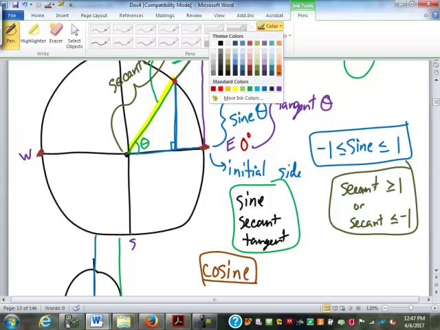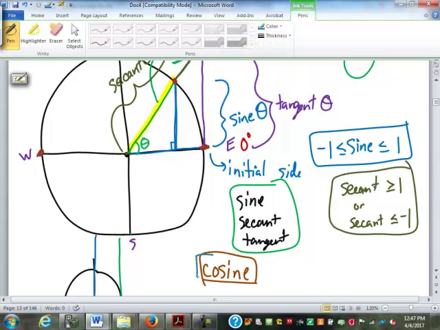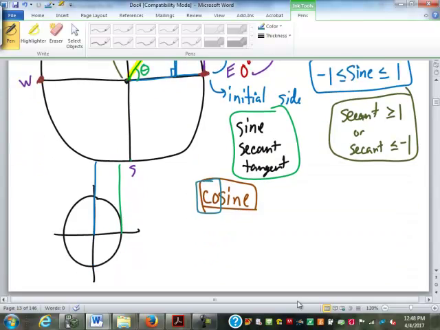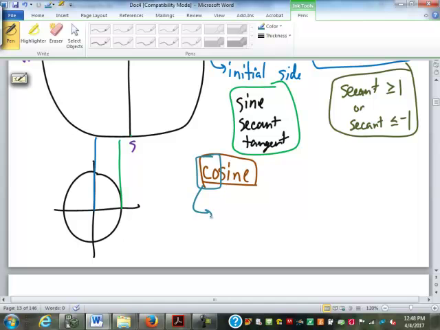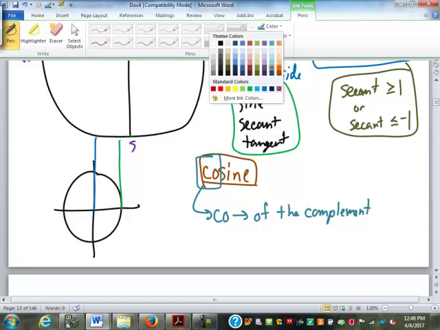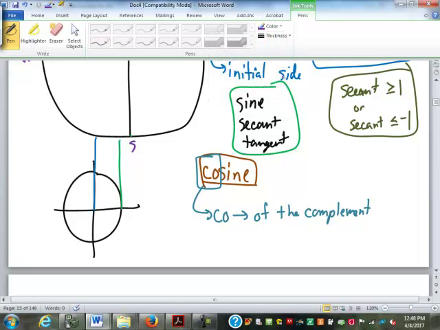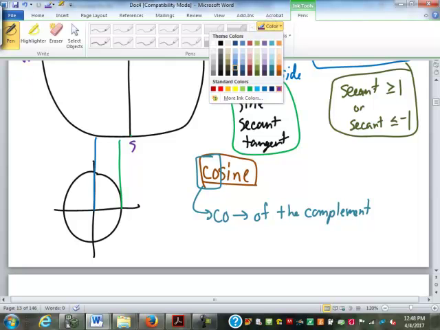Well, the key to understanding those is this prefix, CO. That literally is talking about a sine that has the prefix CO on the front, and that prefix CO means of the complement, or complementary. So the cosine is asking, what is the sine of the complement of this angle?